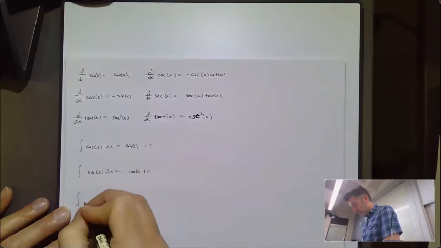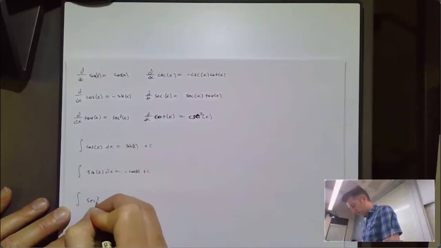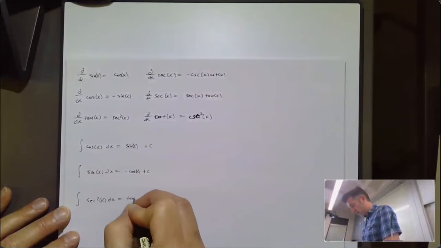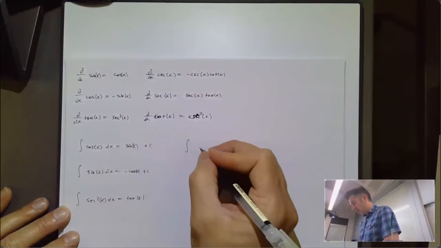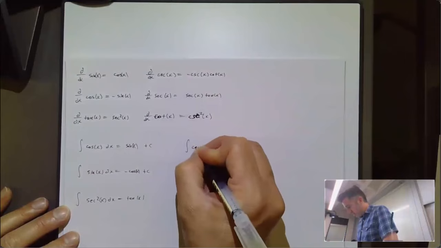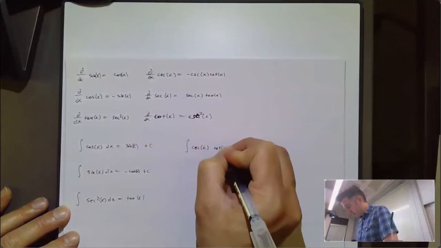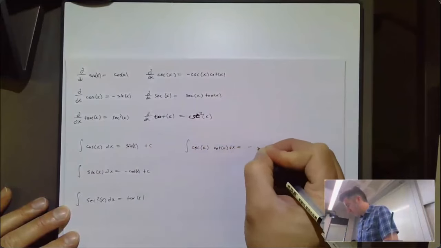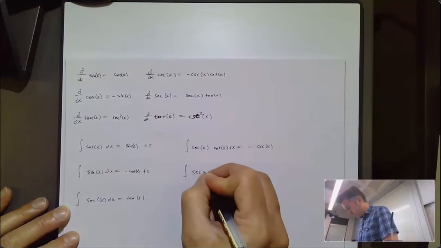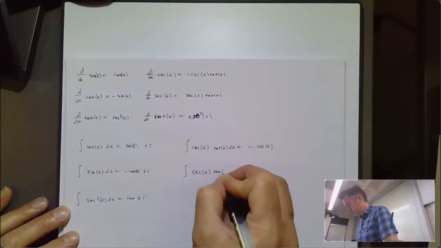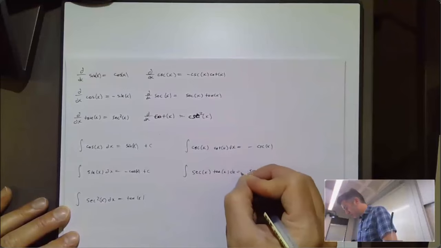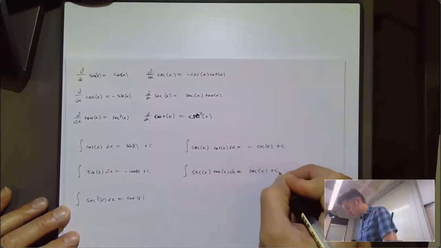And the integral of secant squared of x is equal to tangent of x. And the integral of cosecant of x times cotangent of x is equal to negative cosecant of x. And the integral of secant x times tangent x is equal to secant of x. Also plus c, plus c, plus c.